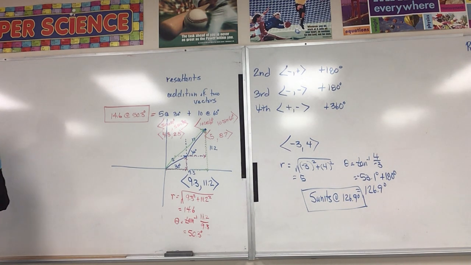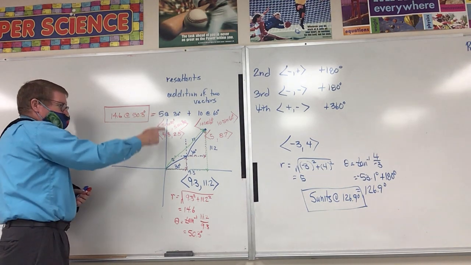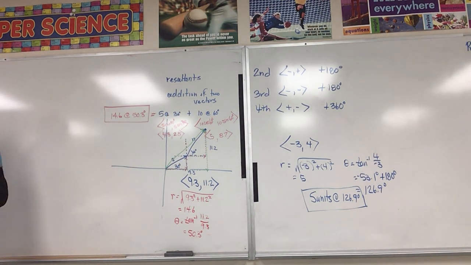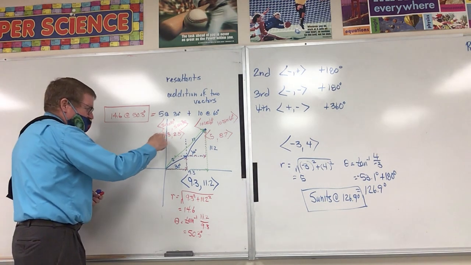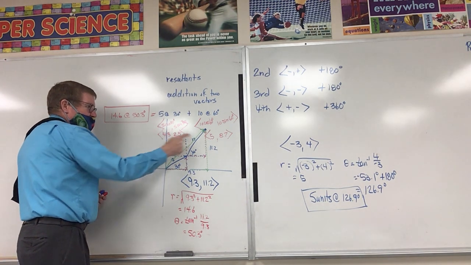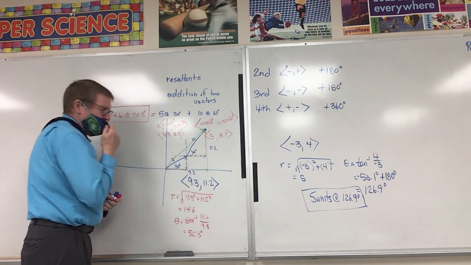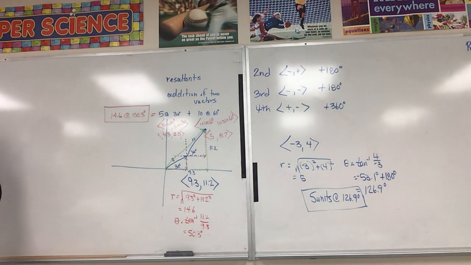What are we going to do? We're going to change each vector to coordinate form. What we did here: this vector to coordinate form, this vector to coordinate form. Then we're going to take both those and add my x's together, add my y's together, which we did here. 4.3 and 5, 9.3. 2.5 and 8.7, 11.2. That is my resultant in coordinate form.